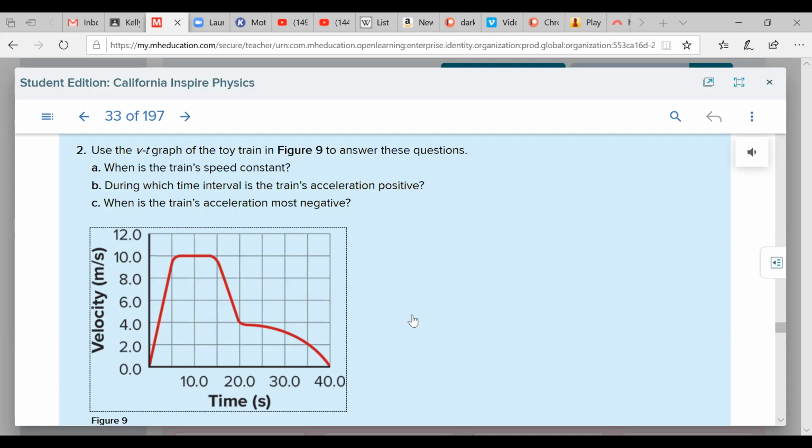In velocity time, when is the train's acceleration most negative? Sophia, Lorenzo, what you got for us? When is it most negative? Or you can tell me any time interval when the acceleration is negative, period.